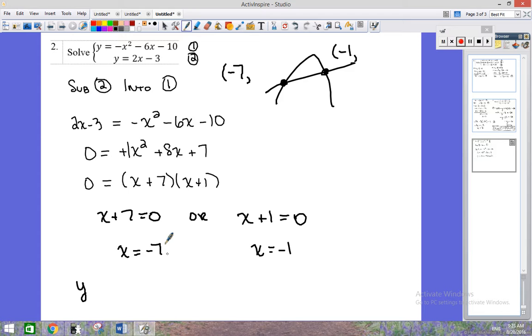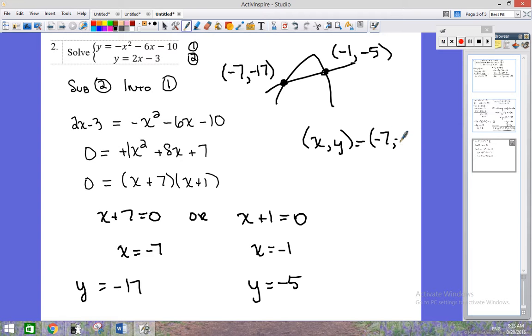If I double that, I get negative 14 minus 3, I get a negative 17. If I double this, I get a negative 2 minus 3, I get a negative 5. So negative 7 comma negative 17 is one point, negative 1 comma negative 5 is the other. So we want to tell people that's our solution, that we have a point.